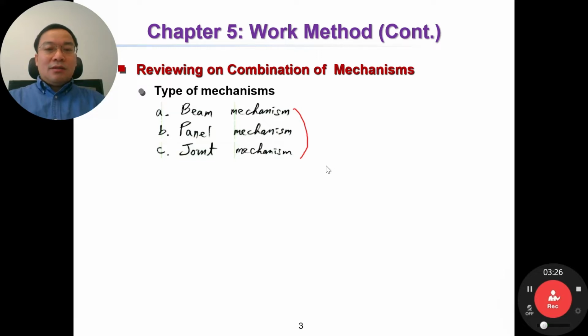And the last one is combined mechanism. They are a combination of beam mechanism, panel mechanism and joint mechanism.